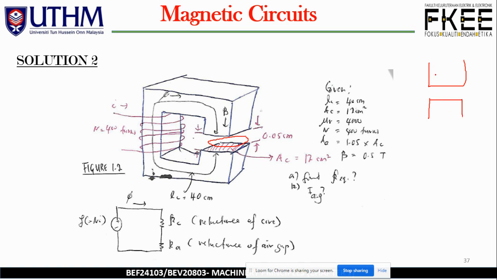We do have magnetic lines, or magnetic field, lines of flux, and due to the air gap we have the fringing effect. This is the fringing flux, the flux that is coming out of the core parts.